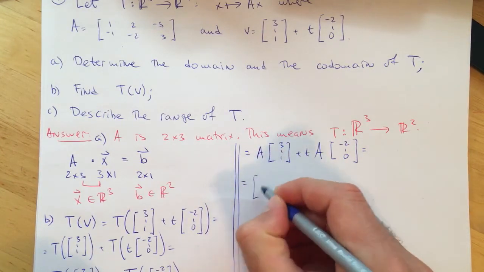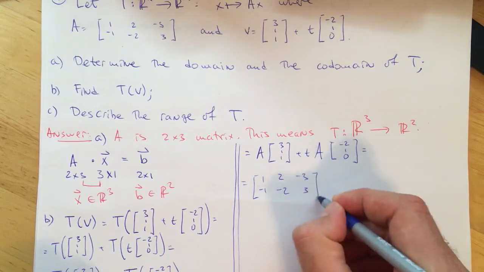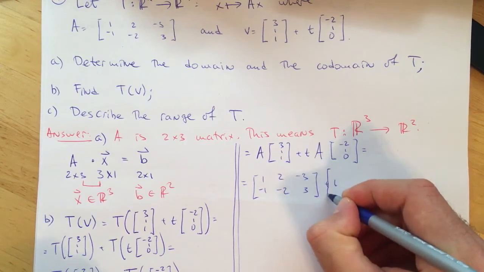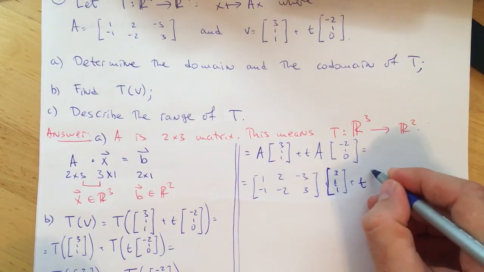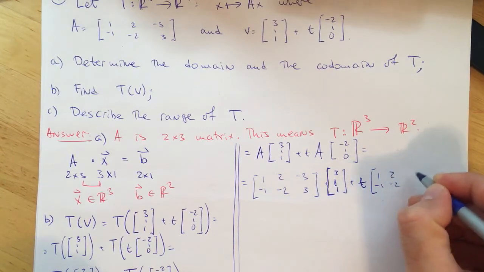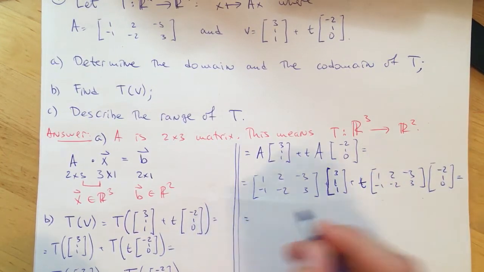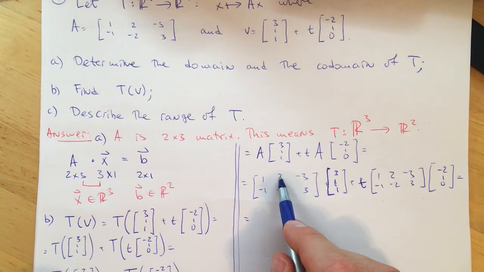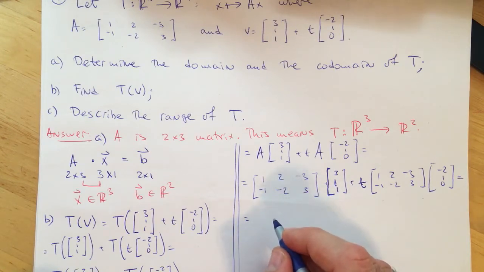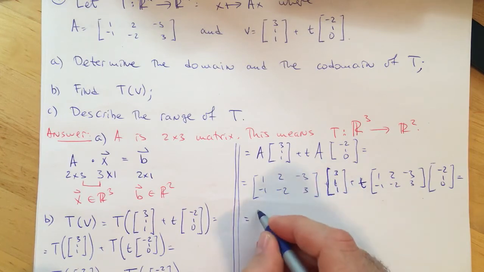And A is [1, -1, 2; -2, -3, 3] times (3, 1, 1) plus t times the matrix A times the vector (-2, 1, 0). Then just compute this, and we'll get a two-dimensional vector. 6 plus 2 is 8, minus 3 is 5, and then 3 plus 2 is 5, minus 3 is 2, my bad, 2.